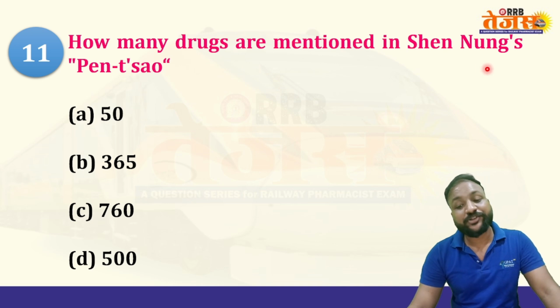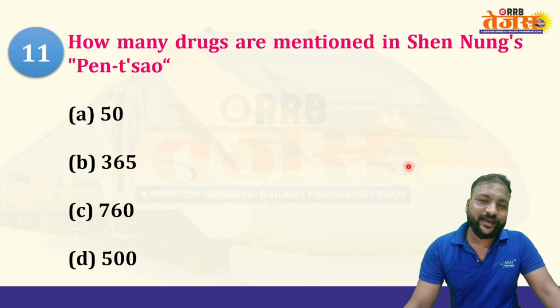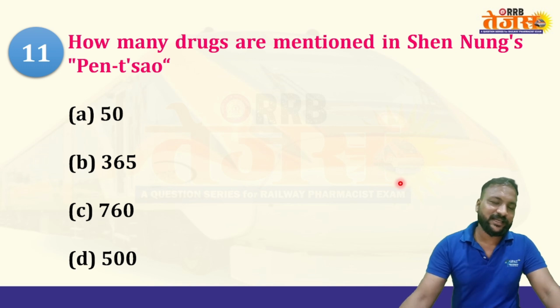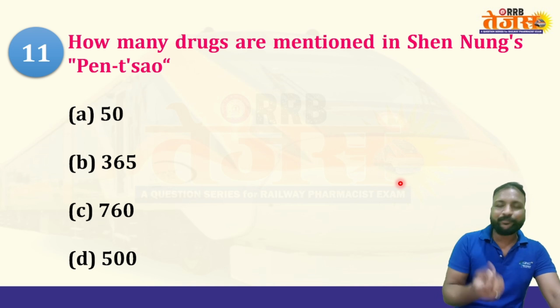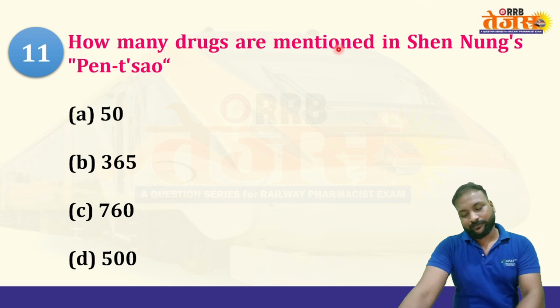How many drugs are mentioned in Shennong's Bencao? We have gone through that slide. He is a Chinese emperor. So how many herbs are there? Option A, 50.